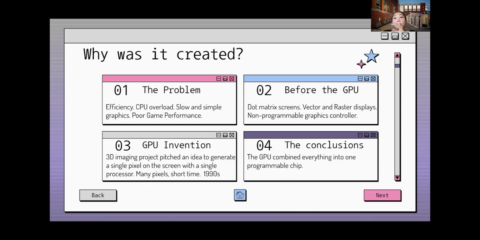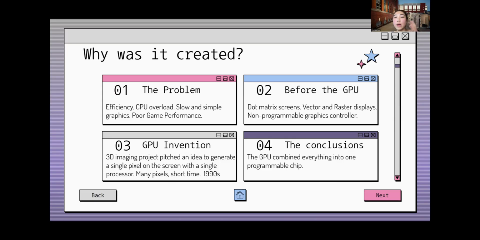There were also vector and raster displays, which were also on a grid pattern. Vector used mathematical equations to create scalable images. If you scaled them up, they would not lose quality and become pixely, but raster could not be resized. They became pixelated very easily because they were on that grid system.